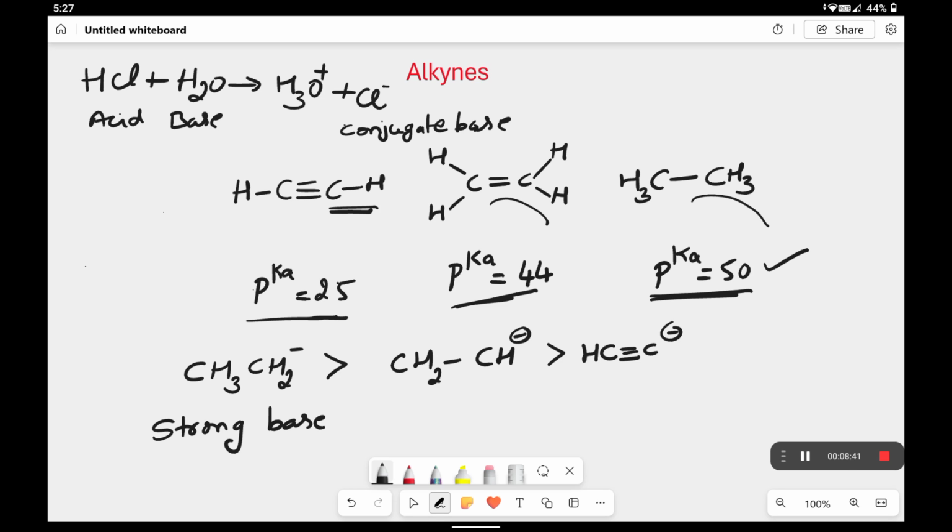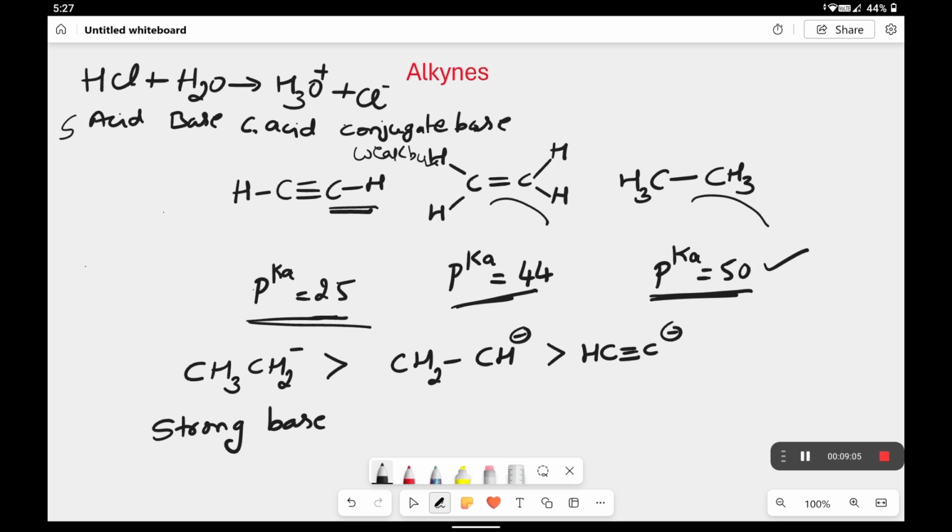After receiving a proton, it becomes a conjugate acid. So a stronger acid, after the donation of a proton, becomes a weak base. In the similar way, this acetylenic hydrogen is highly acidic in nature.